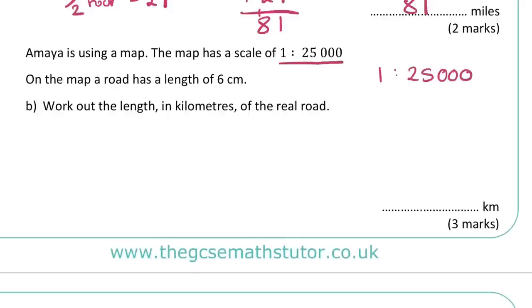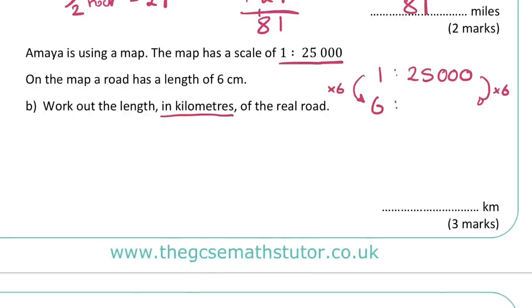Not the nicest of numbers in terms of 25,000, but if it's 6 centimetres on the map, that is timesing by 6. So all we need to do is do 6 times 25,000 or 25,000 times 6, whichever way you look at it. And we'll have our distance there, but that of course is going to be in centimetres, and the reason I think this one's quite a tricky one is because it then wants it in kilometres, so we're going to have to convert it from centimetres.